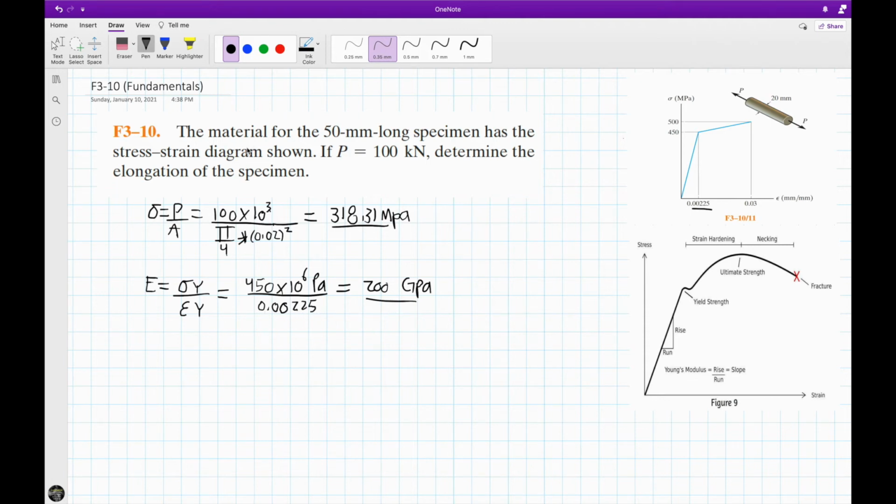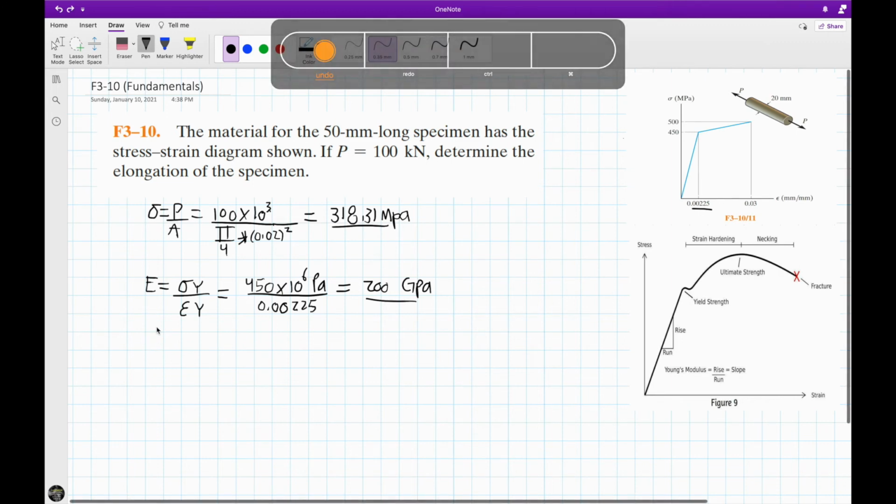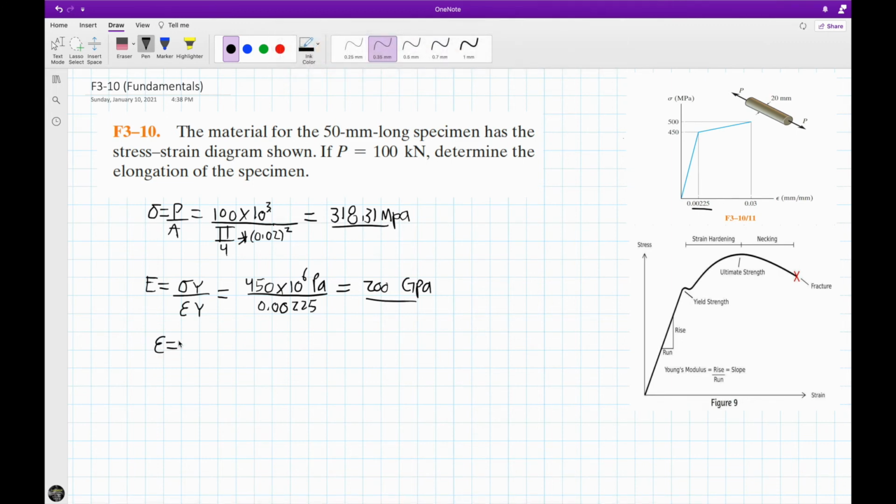Now we calculate the strain for our material, for our deformation or stress, and this is simply calculating the strain, which is your stress divided by your modulus of elasticity, and this is equal to 318.31 megapascals. We divide this by 200 times 10 to the 9 to convert it to pascals.